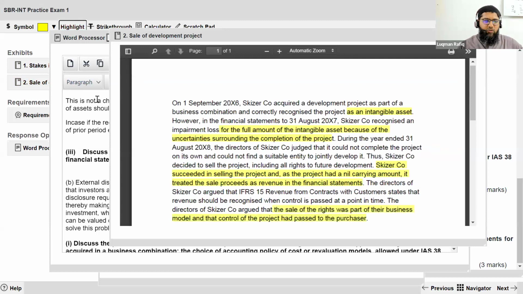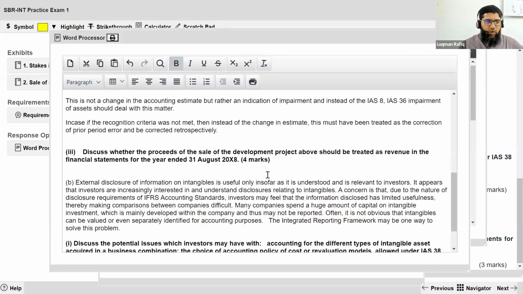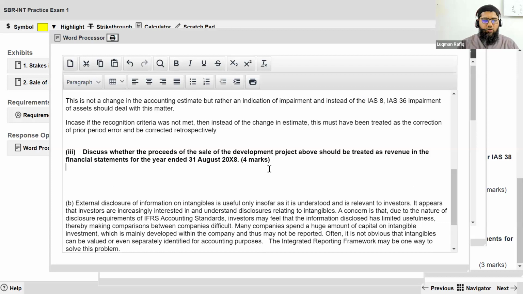See, what are the issues in here? How many marks is the requirement? A 4 mark requirement. So basically that means 4 points have to be discussed, and we need to majorly talk about 31st August.